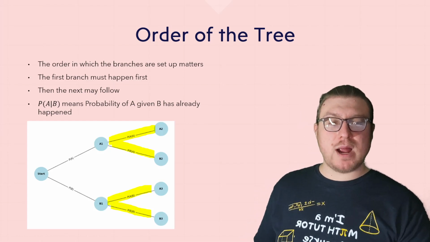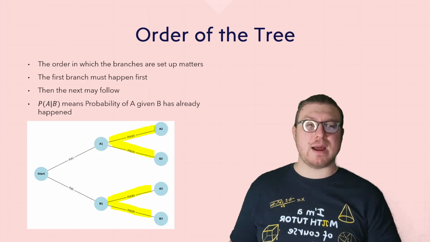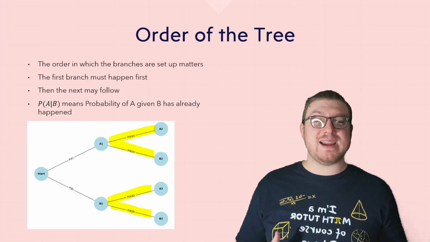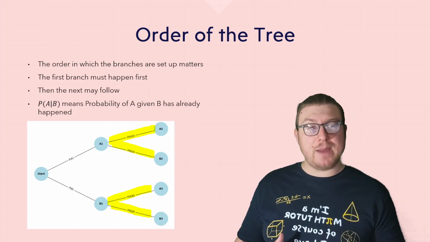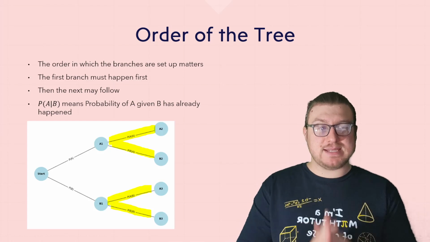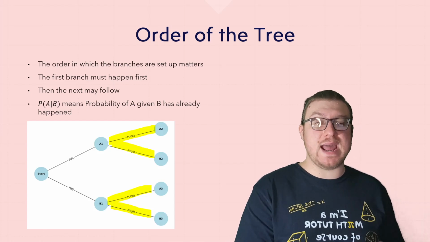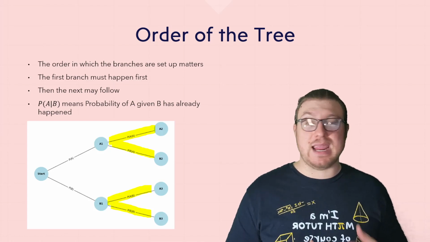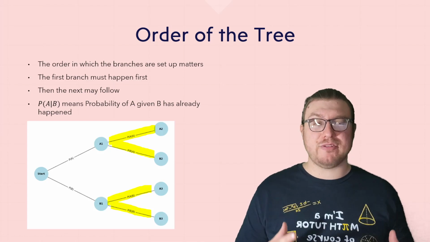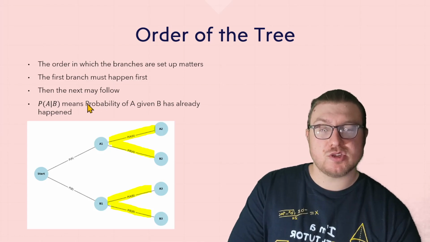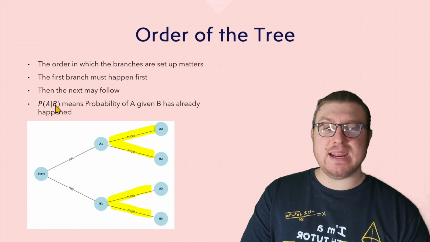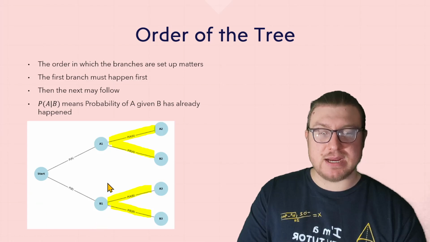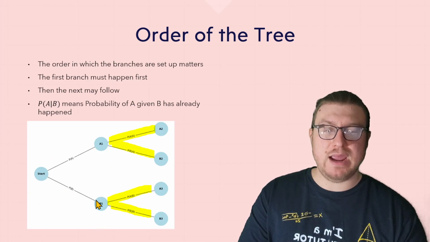Now, there's one part that I have written up here, P of A given B. We say the probability of A happening given B, and that line means given we know B has already happened. That means it is information that we have, past information. So if we're looking at the probability of A given B, that means B has already happened. On the tree here, we have already walked here.